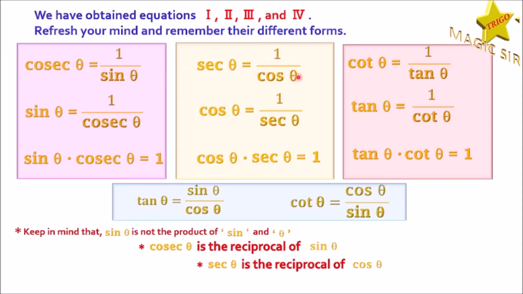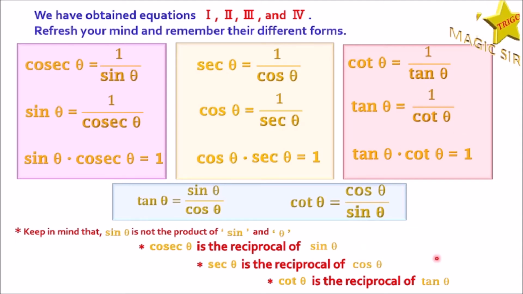We can also say that cos theta is the reciprocal of sec theta. And last, cot theta is the reciprocal of tan theta, as cot theta equal to 1 upon tan theta. We can say that tan theta is the reciprocal of cot theta.